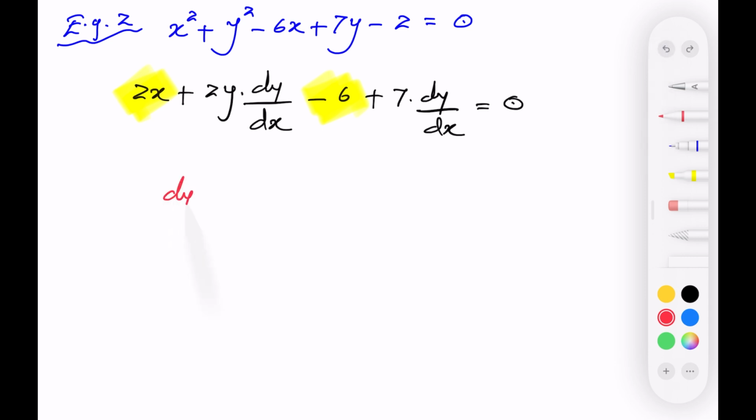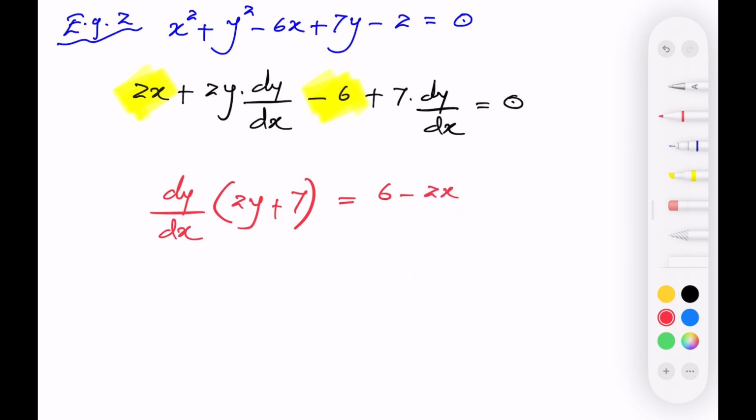From the first term, I will have a 2y, and from the second term, I will just have a 7, close parenthesis. And this is equal to, now this negative 6 will be a positive 6 on the other side, and this 2x will be a negative 2x on the other side.